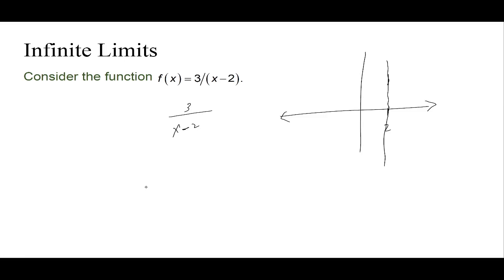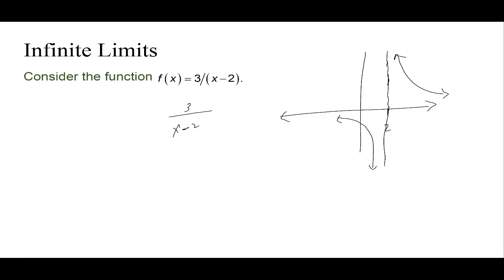But if you go to the right side of the 2, the graph you would see would look like this. Let's say x equal 3, then that is 1, and so on. If you go to the left, then you are going to find the graph looks like this.